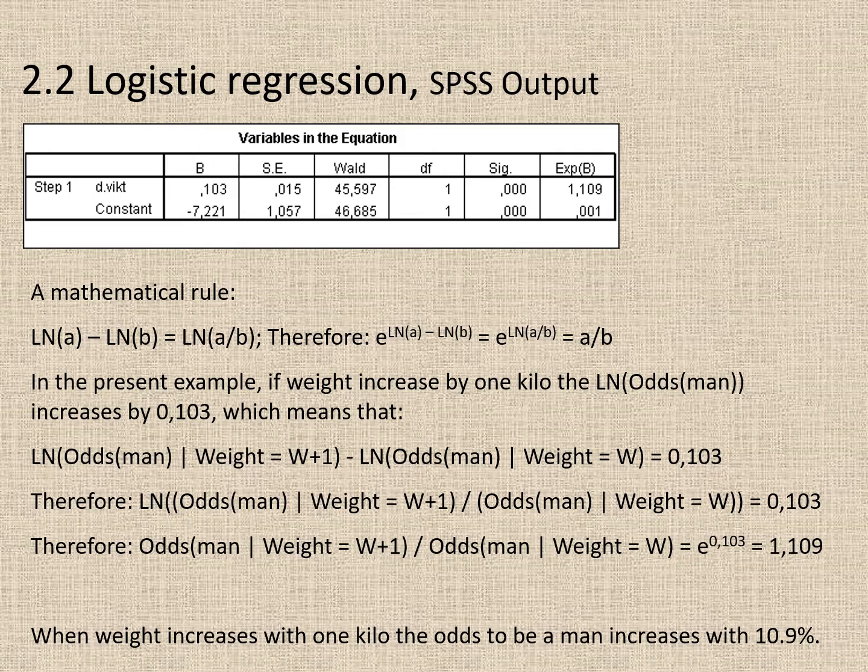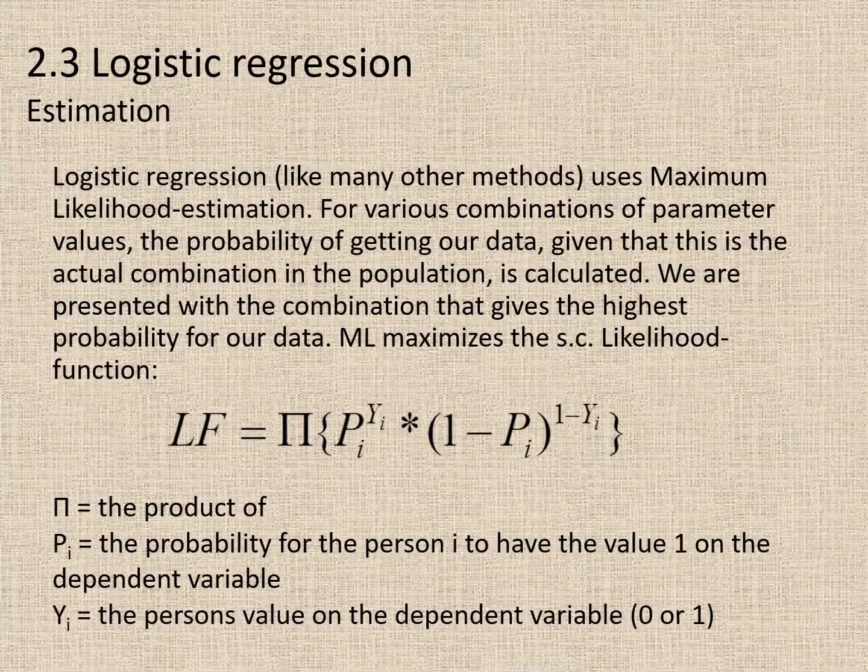We're no longer using sum of squares when we do the calculation. Instead, we use something called maximum likelihood estimation. It's a popular way of calculating.